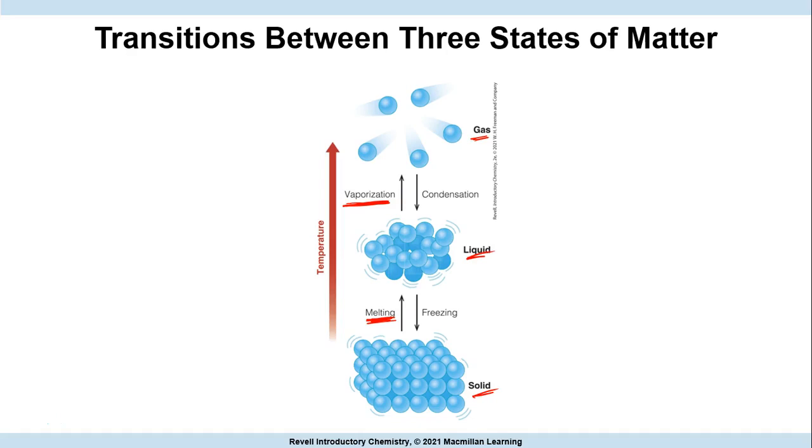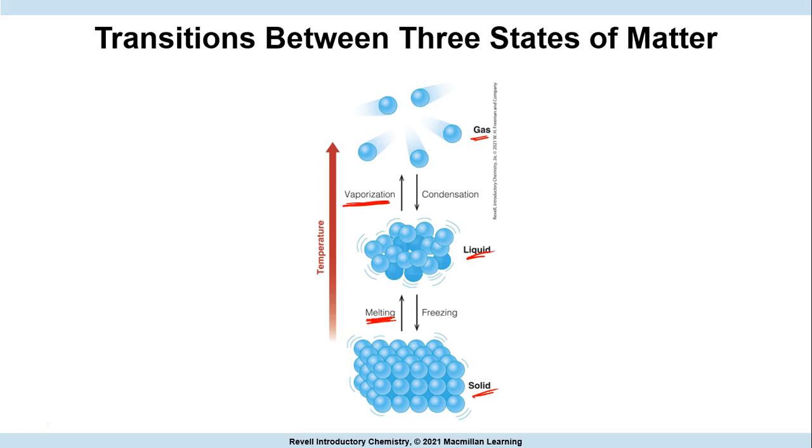Now, what about the reverse processes? For example, let's look at boiling water. When you are heating water in a covered pot, there is a point where the water will start evaporating, and it will condense on the lid of the pot.